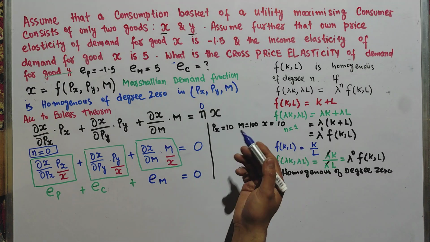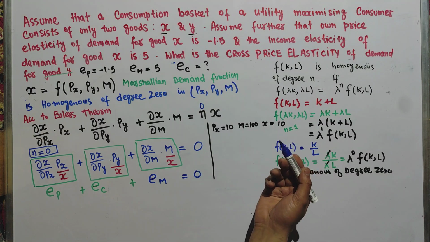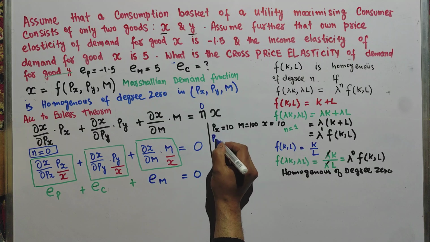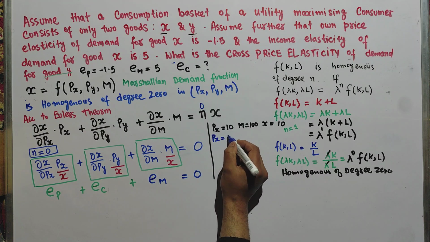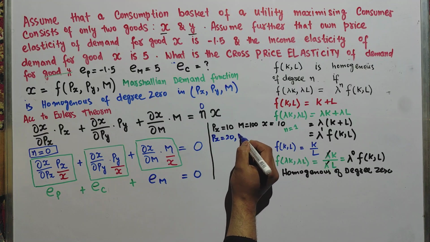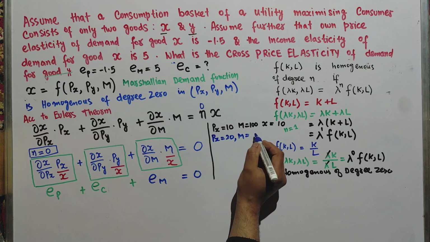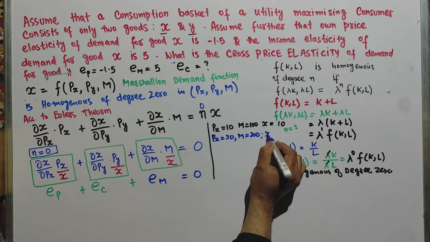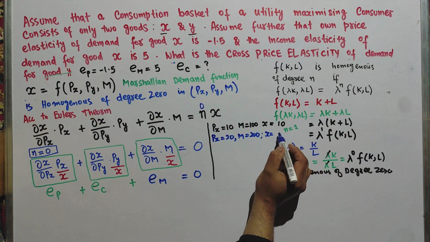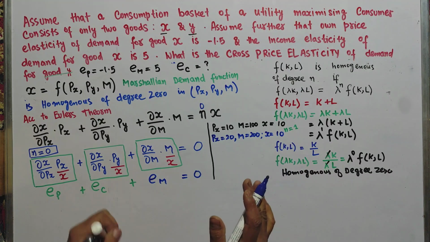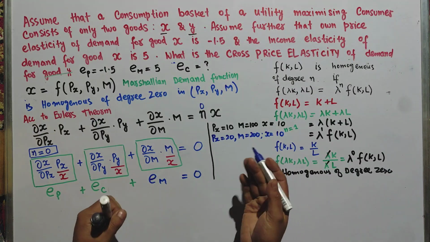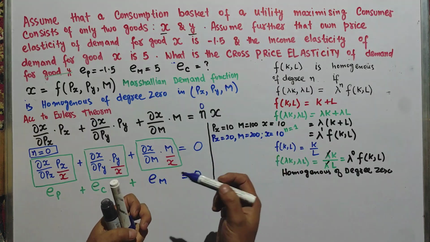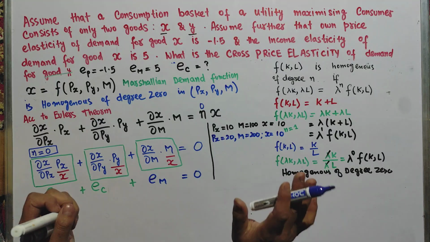Let us suppose that income and prices are doubled here. So let us say the price of good x has been doubled from 10 to 20. Income of the consumer has doubled also from 100 to 200. Then what will happen to the demand of good x? x will be equal to 200 upon 20, which is again 10, which simply tells us if we multiply all prices and income by the same amount, demand will not change at all.